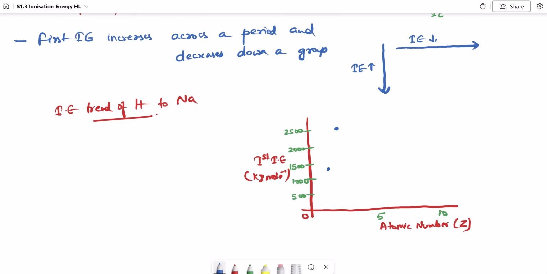Then beryllium is somewhere here, then boron, then carbon, nitrogen, then again a slight dip in oxygen, then fluorine, then neon, and sodium is less. If I join the dots, it's something like this.